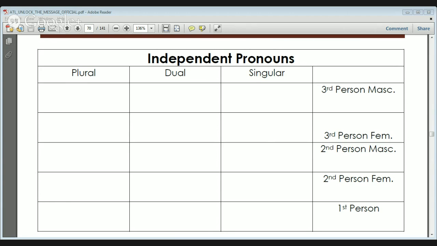Okay, we did what, 22 verses, and these are majority what? Attached pronouns.